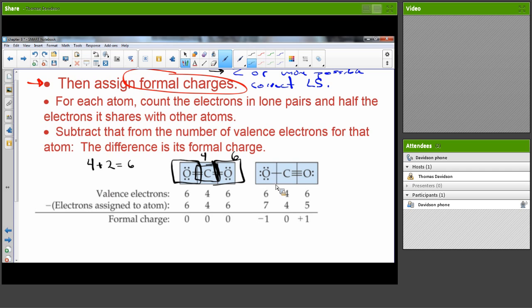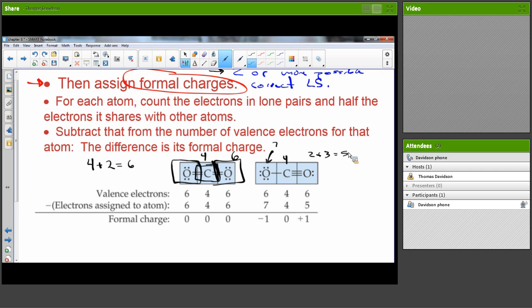Now, in this version of oxygen, you have 1, 2, 3, 4, 5, 6, and then half of 2. So here you have 7 that are assigned. And the carbon still has 4. But this oxygen, you have 1, 2, plus half of 6, so you get 5. Okay, that's how we calculate assigned.